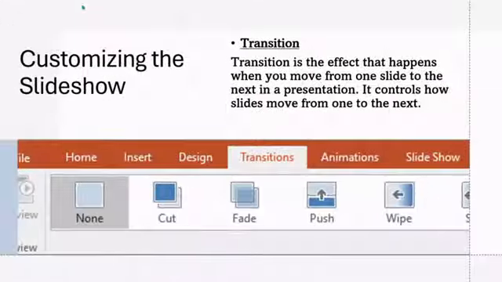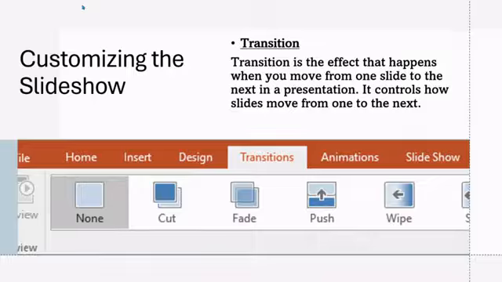Another important concept is transition. Transition is the effect that happens when you move from one slide to the next in a presentation. It controls how slides move from one to the next. You'll realize that transition is different from animation.